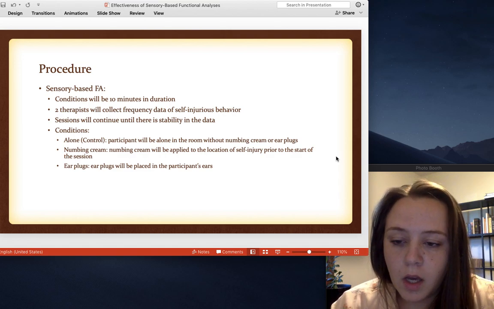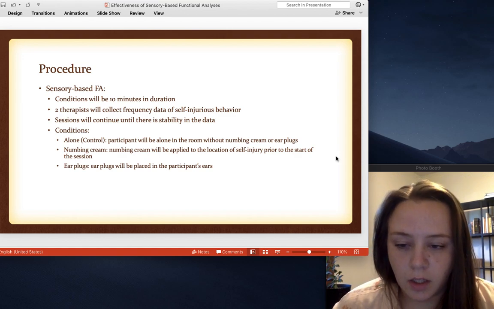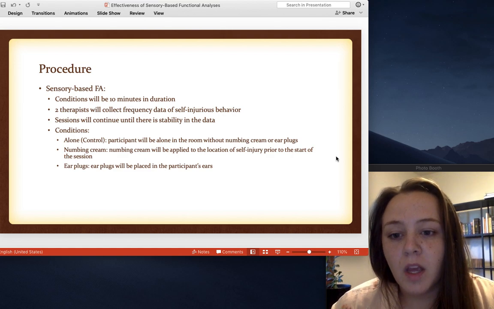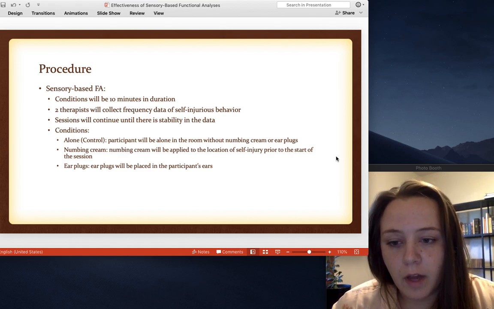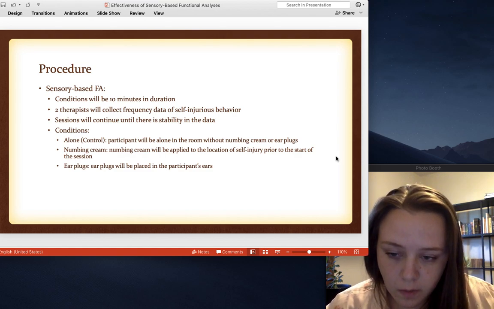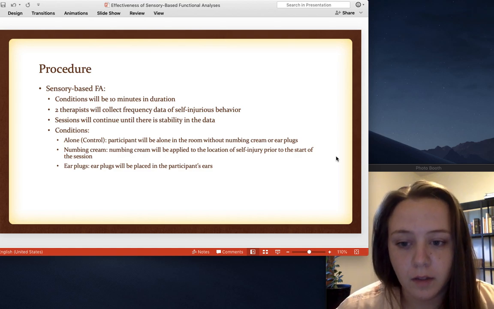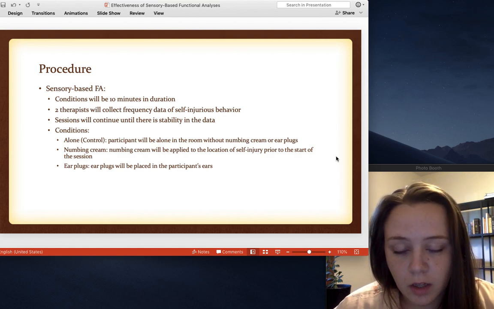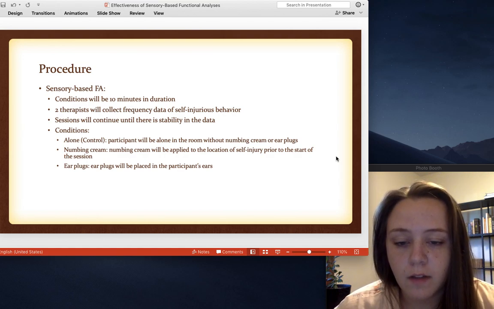It will be applied for whatever duration it needs before it becomes effective, and then the session would begin. And then for the earplugs, we would place earplugs into the participant's ears before the start of the session and leave them on throughout the entirety of the session.